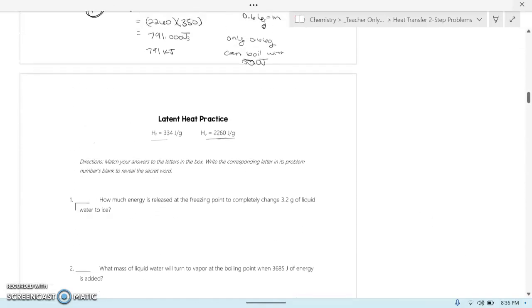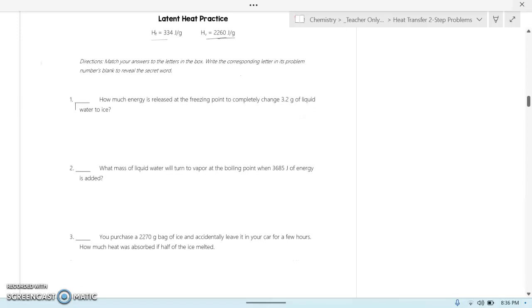One word with all those letters at the bottom. And it'll be a quick way for you to check if your answers are correct also. Just follow that same process of finding the energy using latent heat. Some of them you're finding mass, some of them you're finding the energy. So whichever one, solve for the variable you do not know.